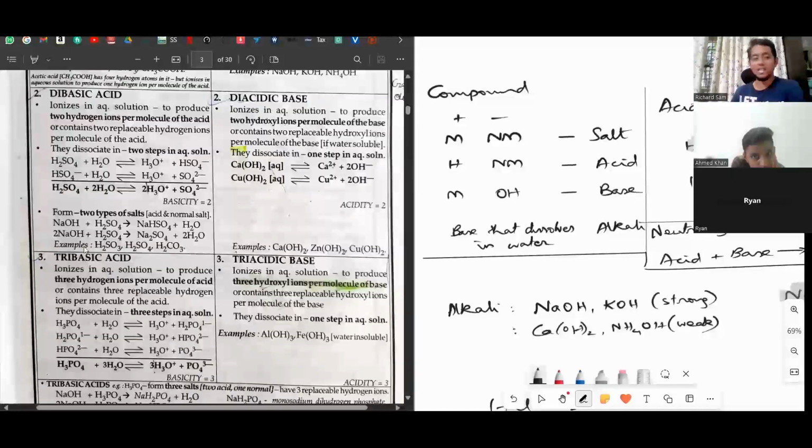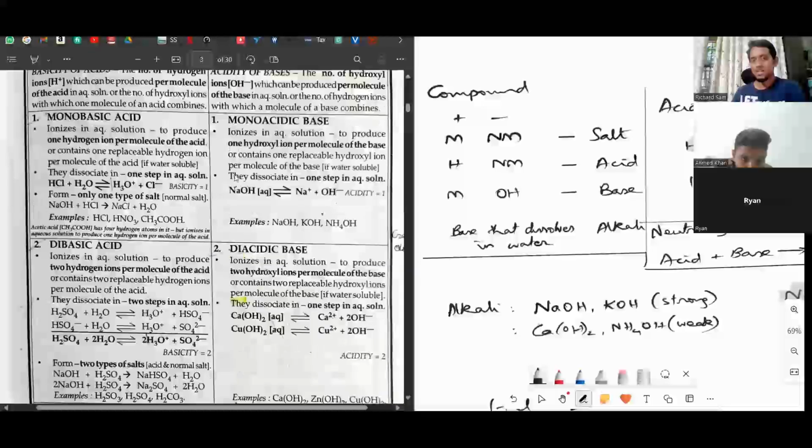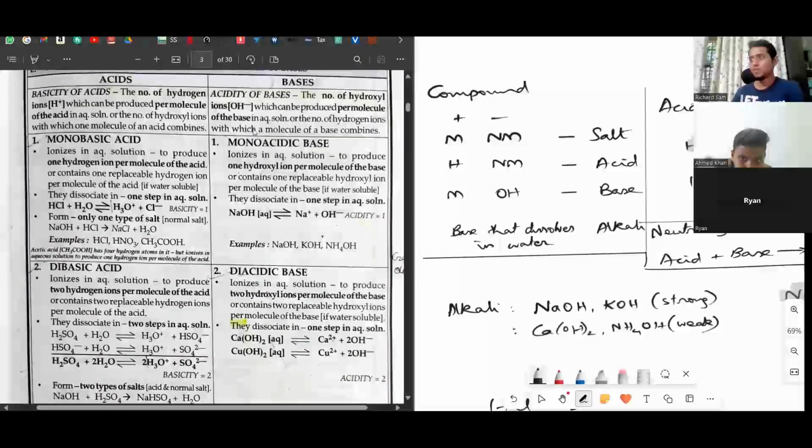And then lastly, you have tribasic acid, so three hydrogen ions. There's only one example, that is H3PO4. The reactions we will see in the next class. Now, in the same way for bases you have monoacidic base, which means it has one OH, like NaOH, KOH, NH4OH. There's only one hydroxide ion.